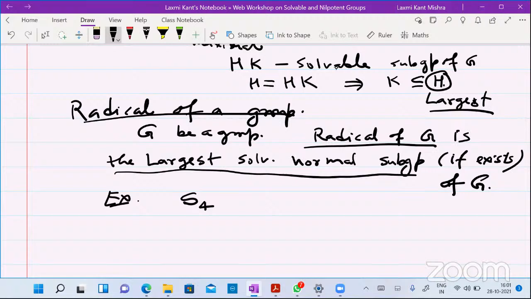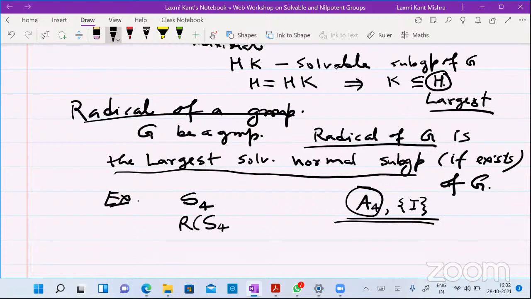Its normal subgroups are A4, not V4, since V4 is not normal, and the singleton identity. So these two are normal subgroups, and A4 is the largest. So the radical of S4 is nothing but A4.